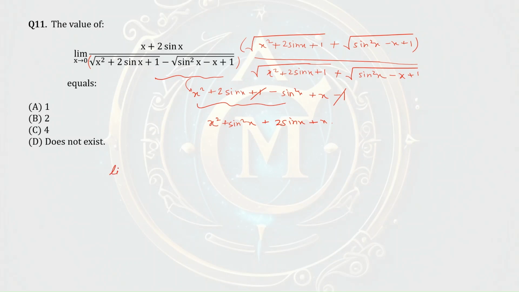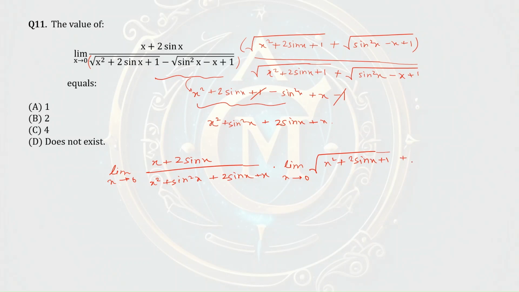So the limit becomes limit x tending to 0, x plus 2 sine x divided by x square plus sine square x plus 2 sine x plus x, times limit x tending to 0 root under x square plus 2 sine x plus 1 plus root under sine square x minus x plus 1.